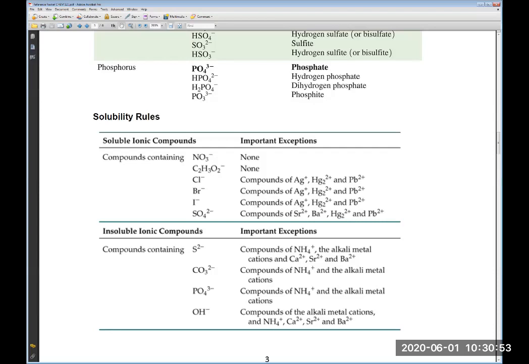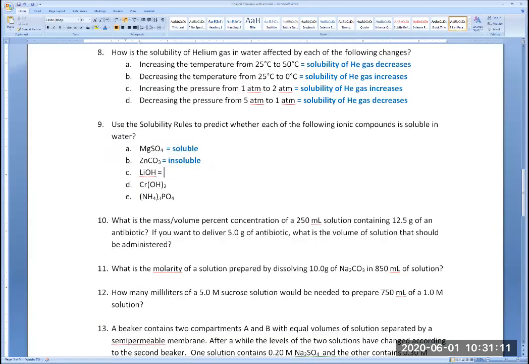What do you think? Is LiOH soluble or insoluble? Li is an alkali metal, and it's part of the exceptions, so it's soluble. LiOH is soluble.